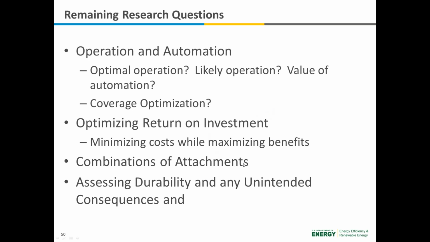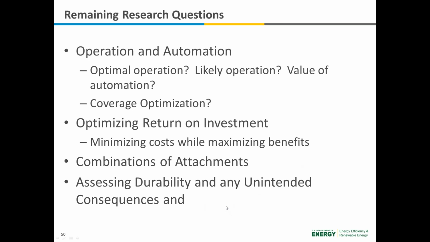So now that we have the Hunter Douglas blinds and the low-E storm windows, what type of combination of attachments can we test in lab homes, and then what kind of savings can we see, and how does that affect the envelope? And assessing the durability and unintended consequences.